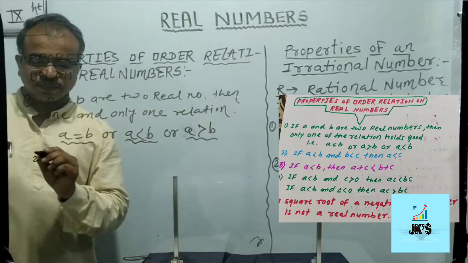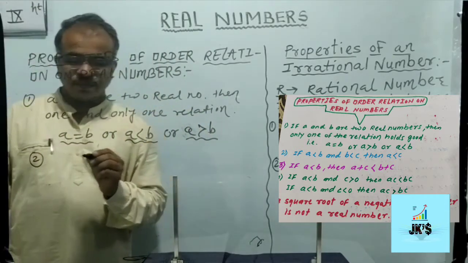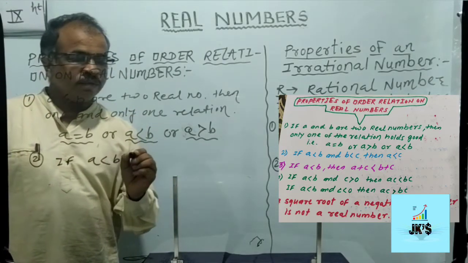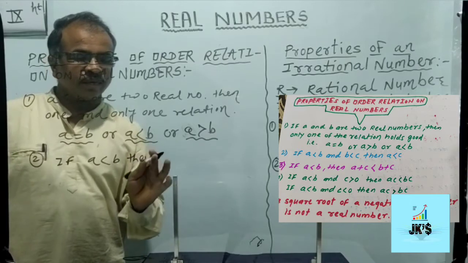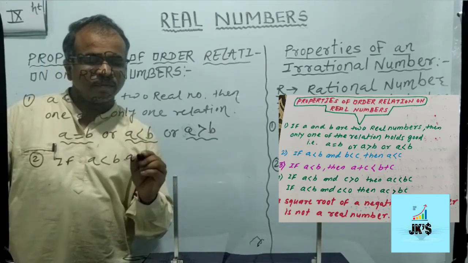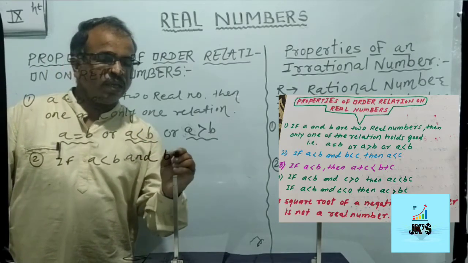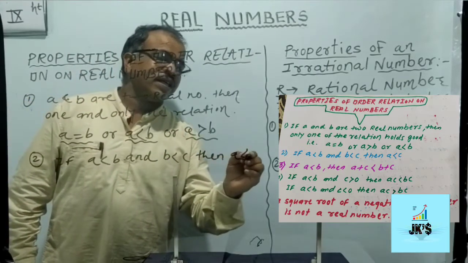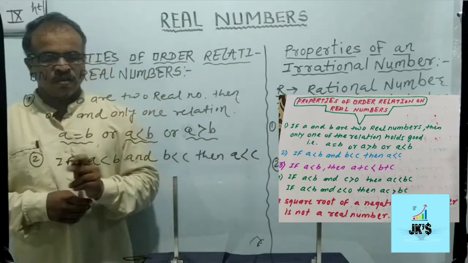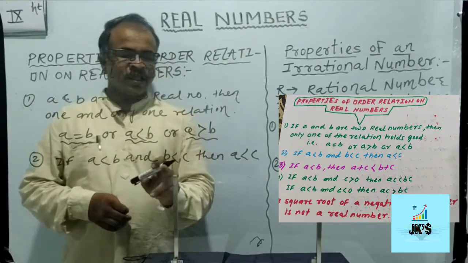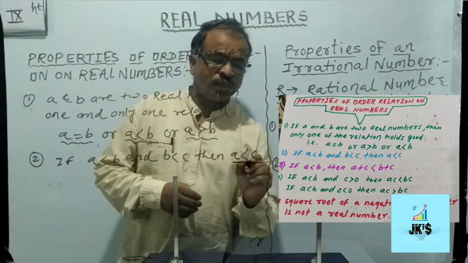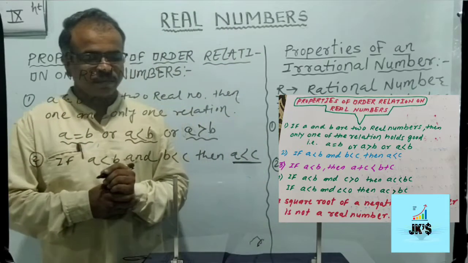Second, if A is less than B and B is less than C, then what happens? A is also less than C. First is less than second, second is less than third, then first is also less than the third.